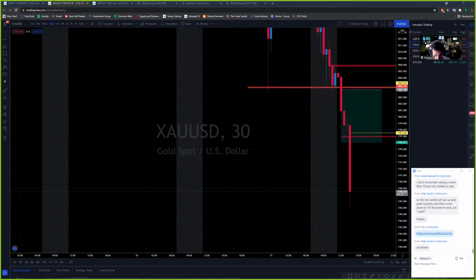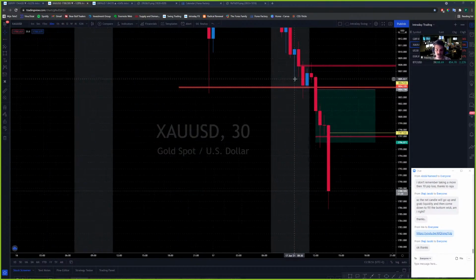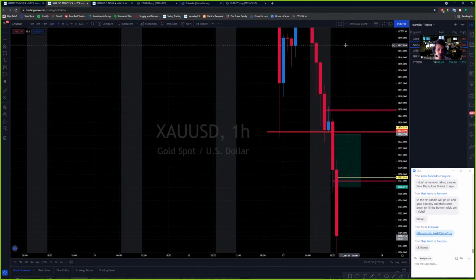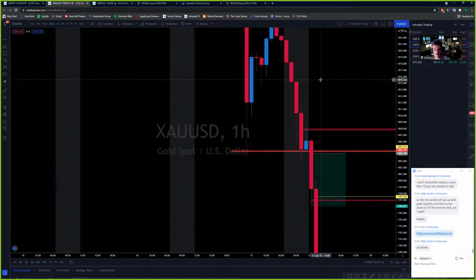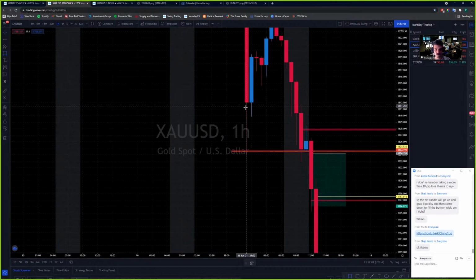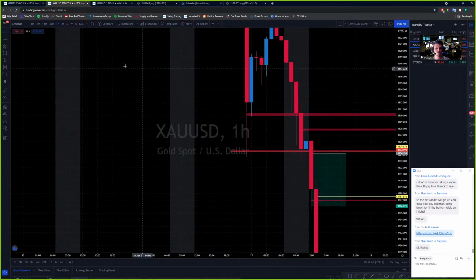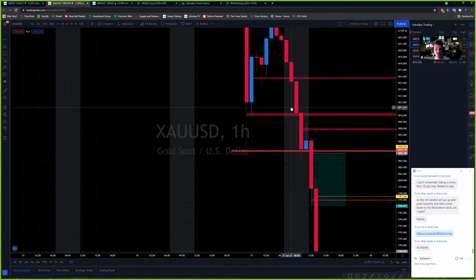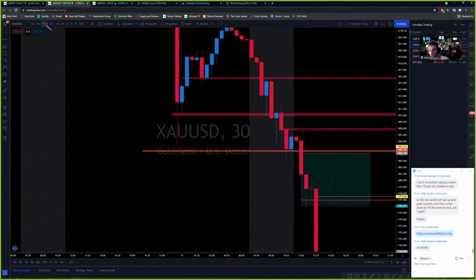How do you know if a wick is a rejection or a wick fill for the next candle? It's based on the trend. If price is trending down, then all the wicks, well, not all the wicks, but they become wick fills. So like this candle over here, it created a wick down in a downtrend, but it wicked off of support. So then you need to dig into the lower time frames and say, well, if this wick is going to get filled, what do you need to look for?